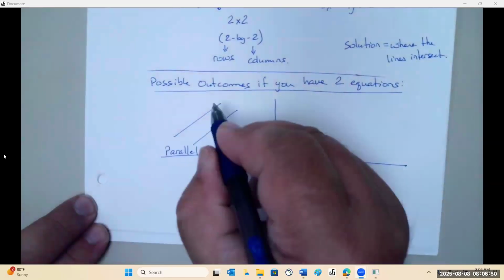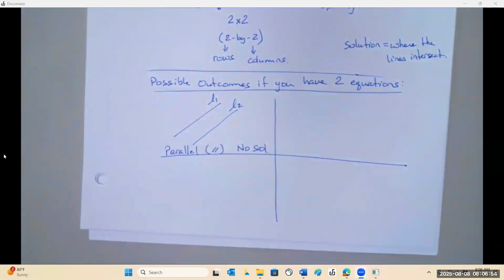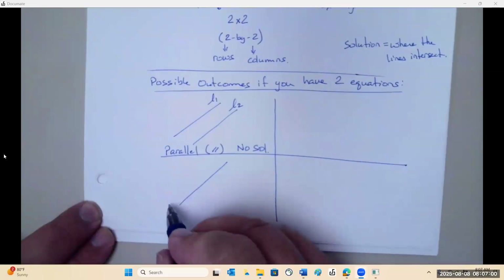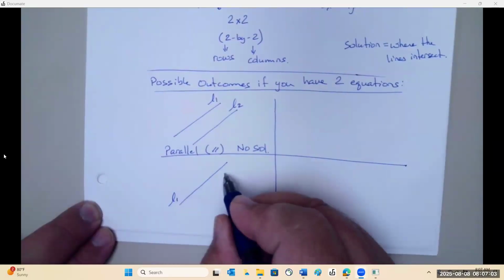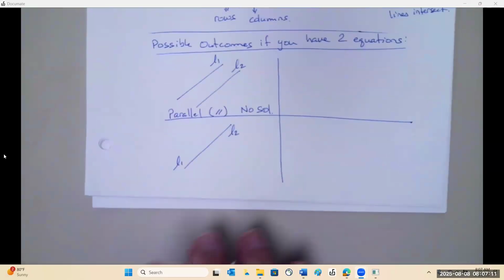So this is line 1, and this is line 2, or equation 1, equation 2. What if line 1 and line 2 look like this? What do we call that? It's not a tricky question.